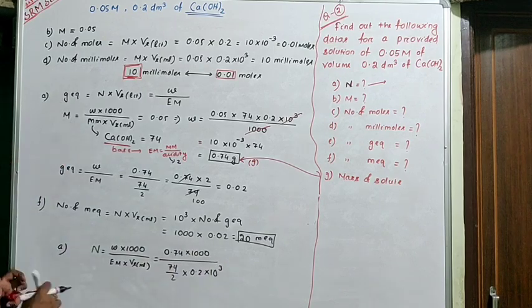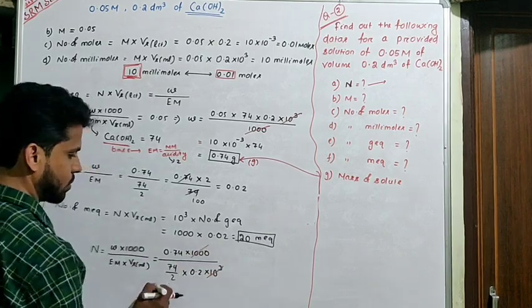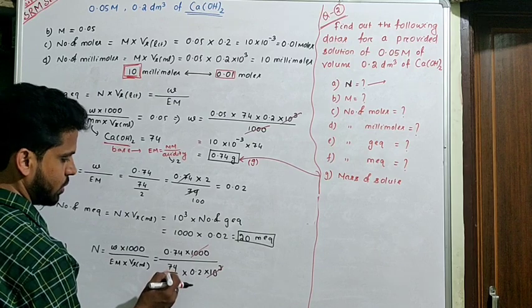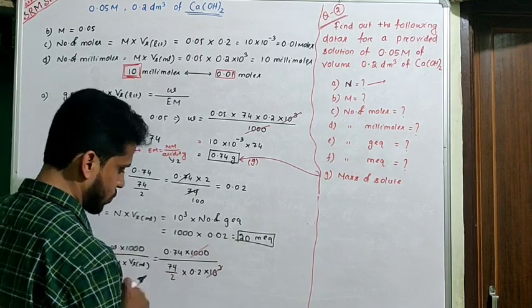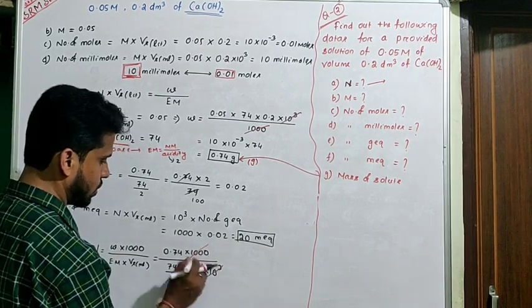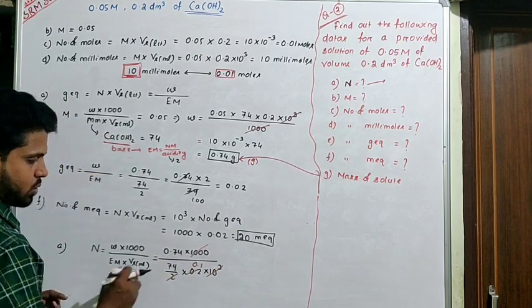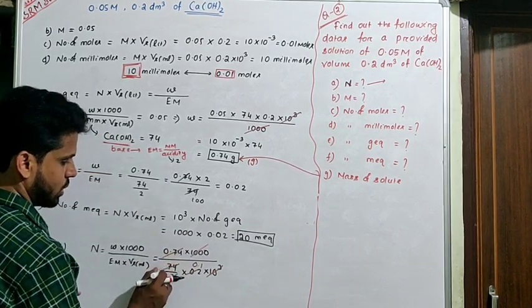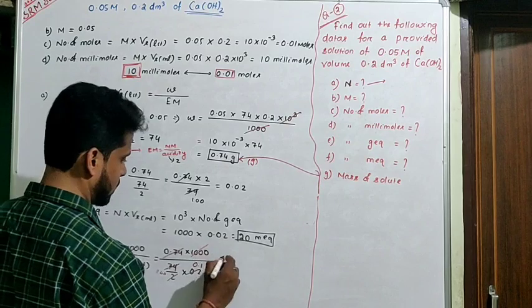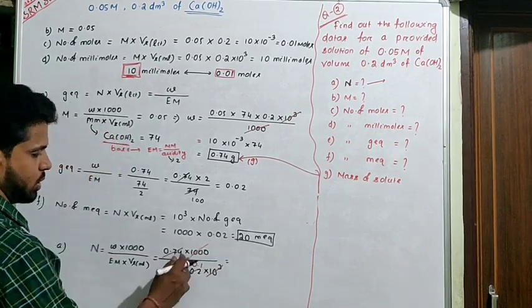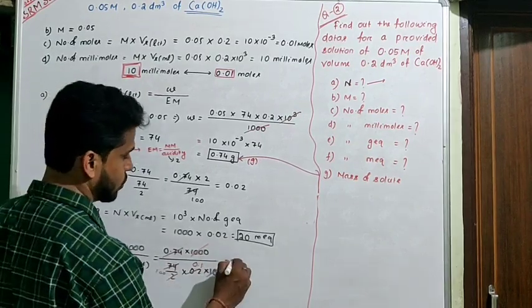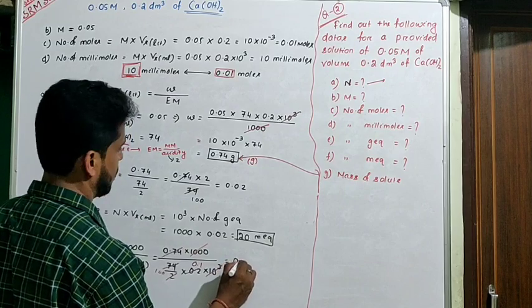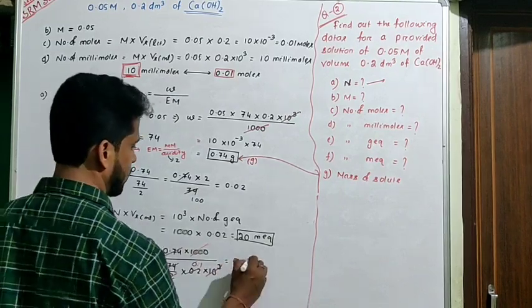So this is cancelled out, and this is 0.1. That is 100 means 10, so 0.1 N normality.